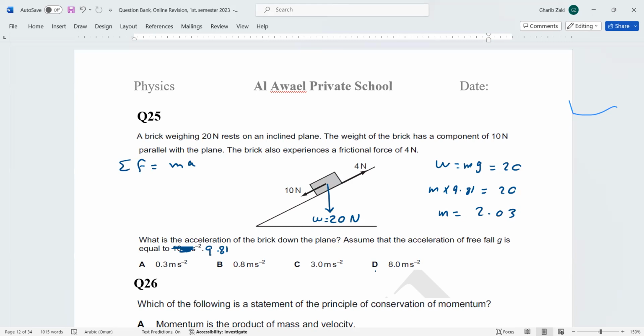So the forward force is 10, minus the back force is 4, because it moves down, equals m, which is 2.03, multiply the acceleration. From this, we can get acceleration. So 10 minus 4, divided by 2.03. So the answer here is 2.9, approximately 3. Okay, next question.